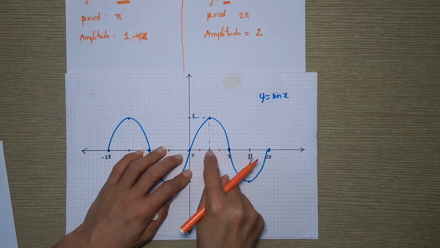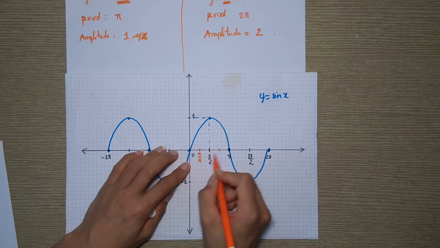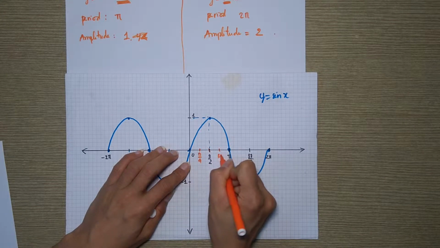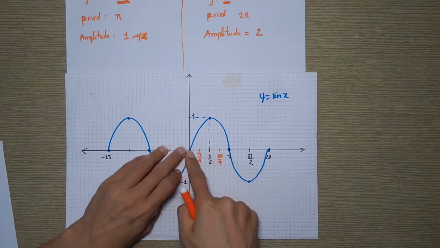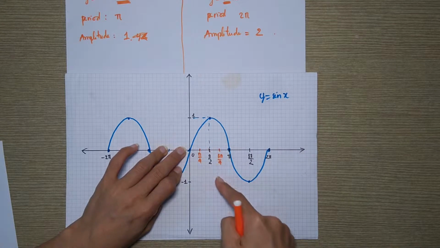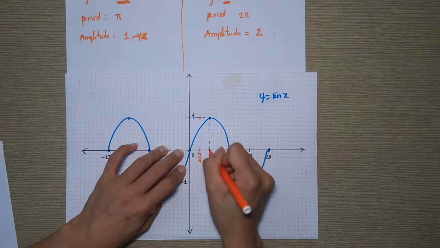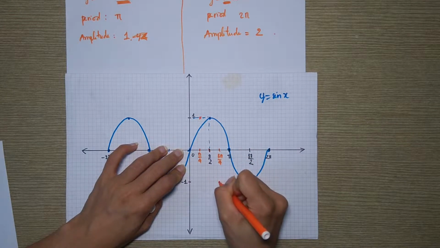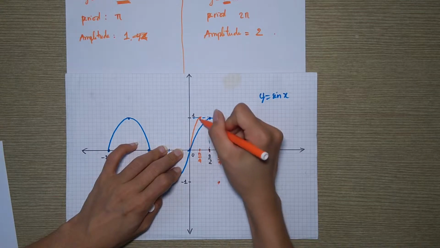Because it's pi, 4 equal parts would be pi over 4, pi over 2, 3 pi over 4, and pi. And the wave will go the same: 0, up, 0, down, 0. So 0, 1 here, 0, -1 here, and 0. So that will go this way.